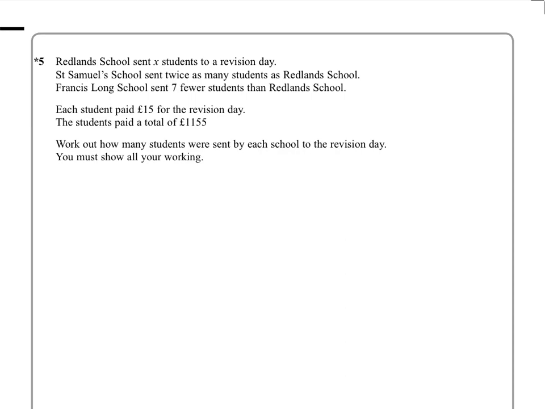So in this question, we've got quality of written communication, and we've got to sort out how many students were sent by each school to a revision day. So we know that one school sent x students, another school sent twice as many as this school, so they would have sent 2x, and the last school sent 7 fewer students than the school we started with.